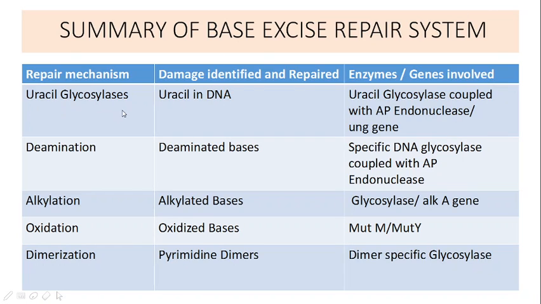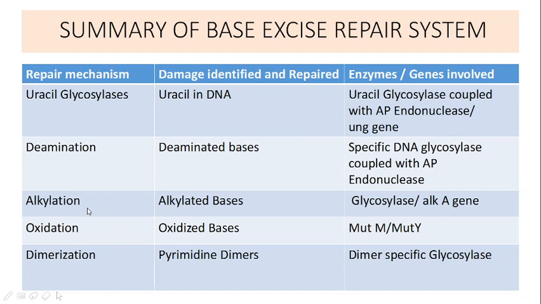Uracil glycosylases will identify the damage caused by uracil, and the enzyme responsible for cleaving this uracil residue is uracil glycosylase, coupled with AP endonuclease; the gene involved is the UNG gene. Then deamination: in the deamination base excision repair system, deaminated bases will be identified and removed by specific DNA glycosylases coupled with AP endonuclease.